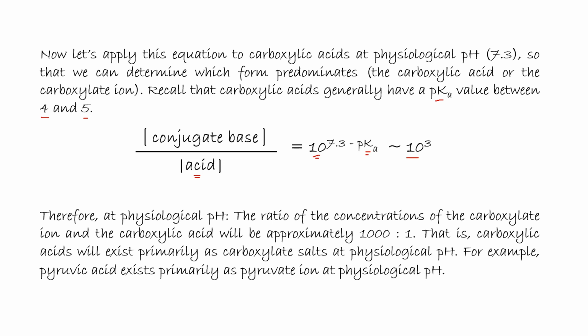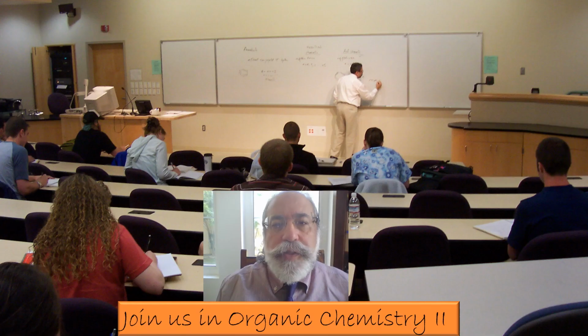This means that at physiological pH, the ratio of concentrations of carboxylate to carboxylic acid would be approximately 1000 to 1. Thus carboxylic acid will exist primarily as carboxylate salt at physiological pH. For example, pyruvic acid exists primarily as pyruvate ion at physiological pH. See you next lecture.